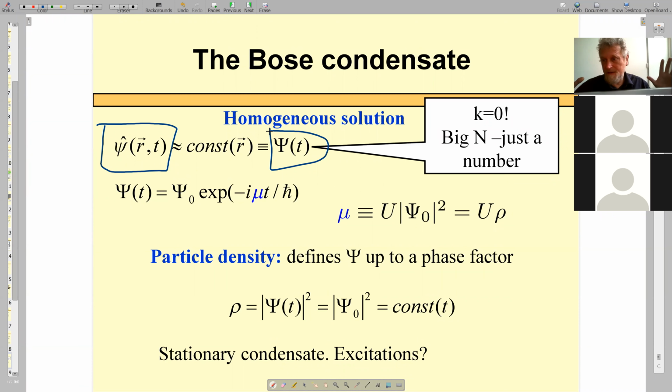Suppose we regard our superfluid as an ocean, and we just consider a still ocean, no waves. That corresponds to the ground state. Fine. And so what is the justification of such a replacement?